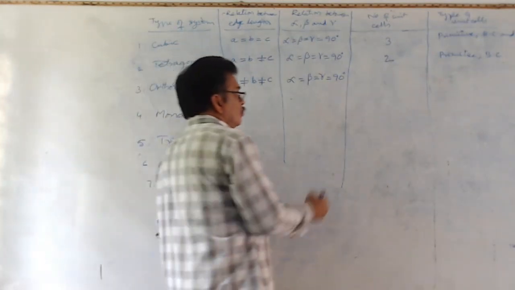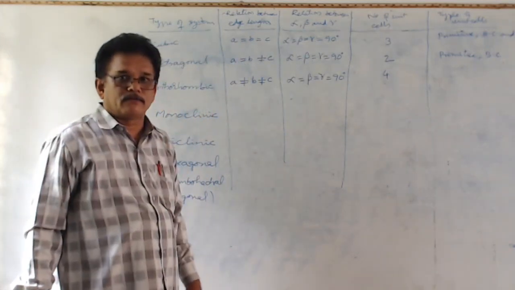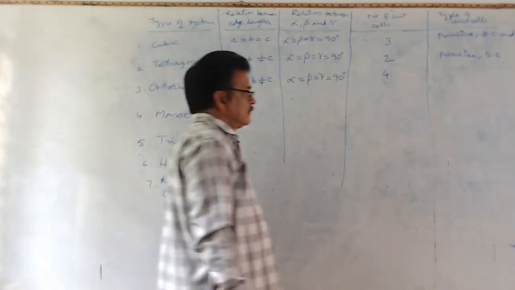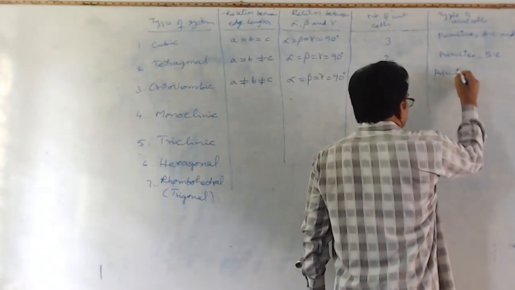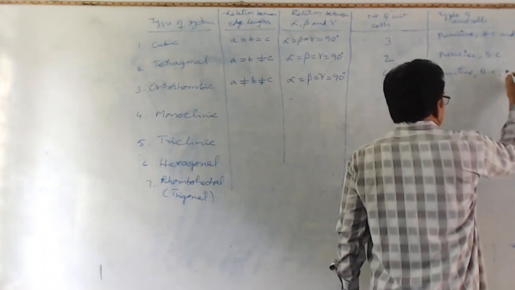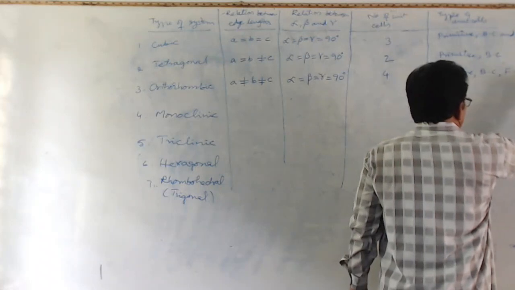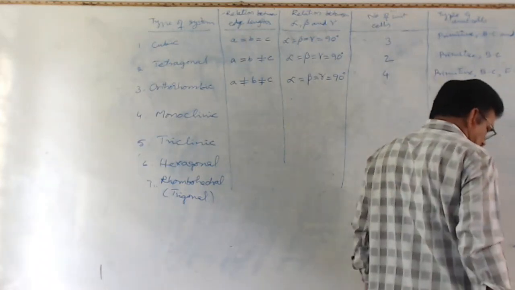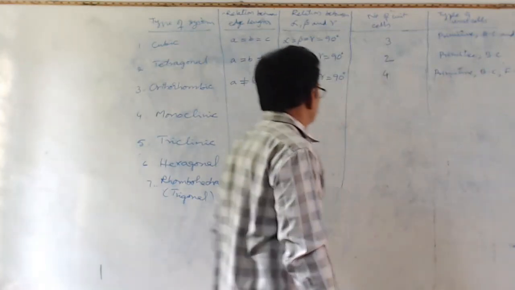There are four types of unit cells in this system. These four types are primitive, body centered, face centered, and end centered also.